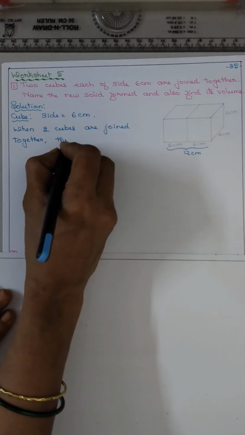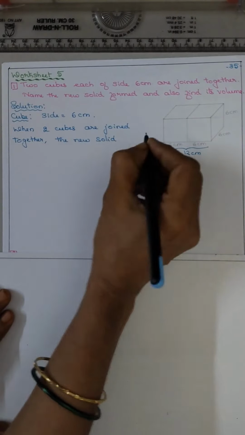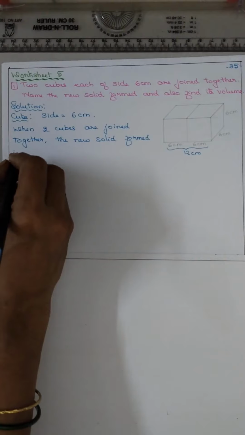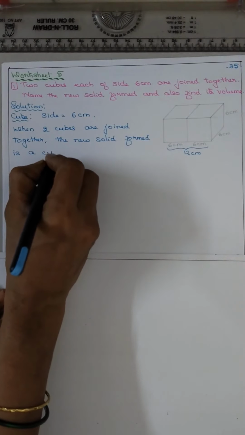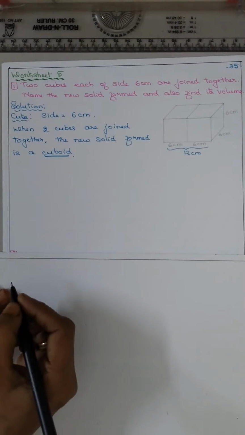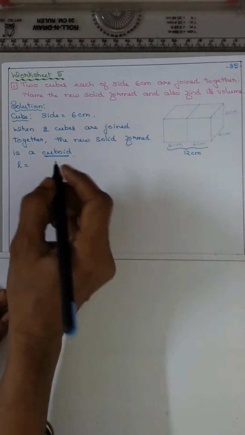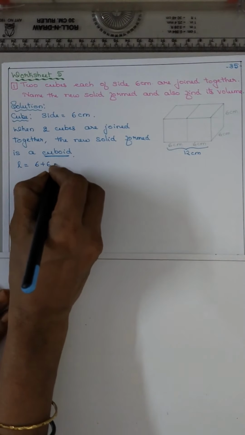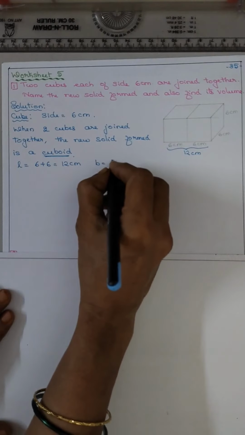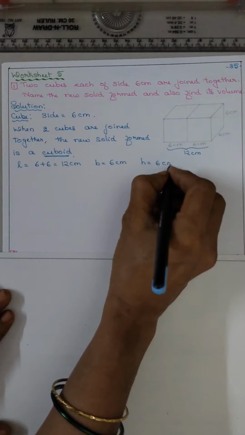So the new solid formed is a cuboid. Now write cuboid का dimensions. Length is equal to 6 plus 6, that is 12 centimeter. Breadth will be 6 centimeter only. Height will be 6 centimeter.